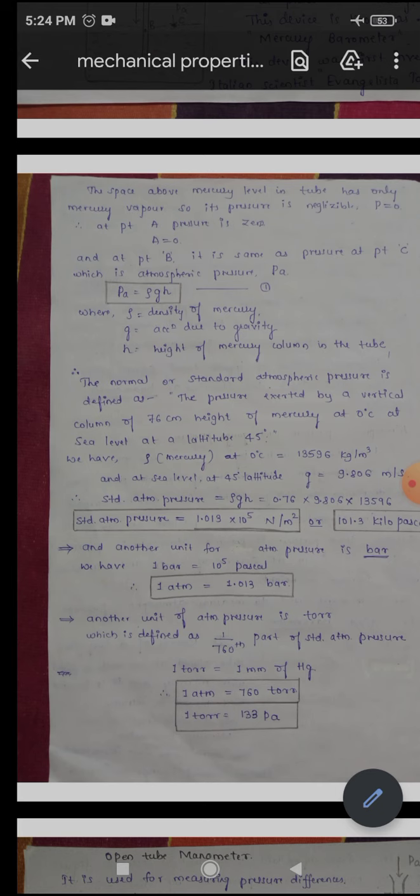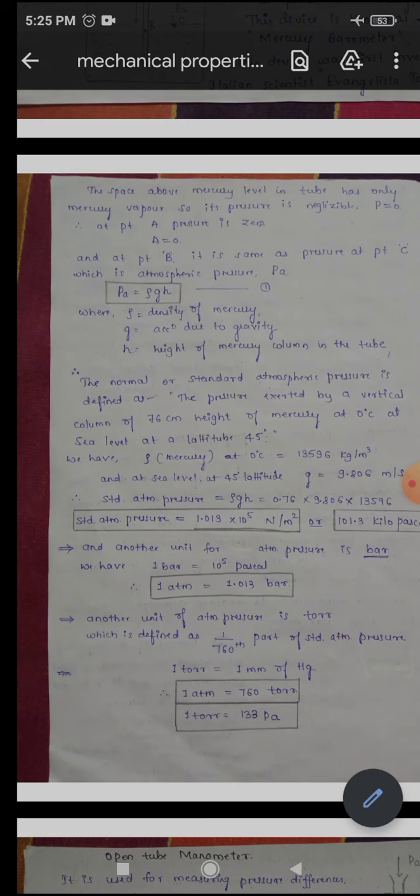And another unit of the atmospheric pressure is torr. Torr is the unit we came to know because of the scientist Torricelli, because this barometer was invented by Torricelli, no?